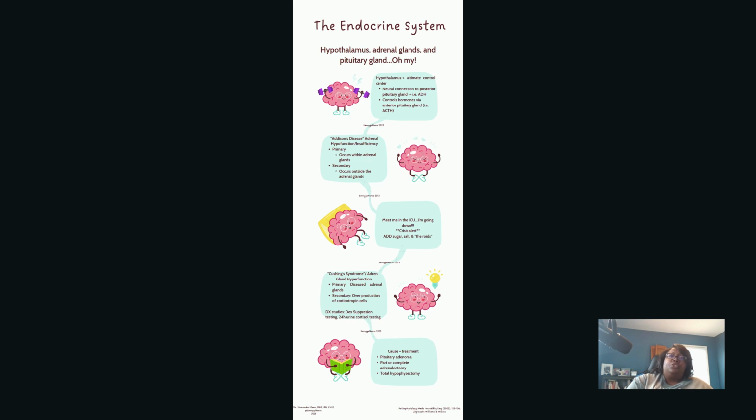Now let's talk about the adrenal glands. What do they do? This is a big one that's going to carry you through the rest of this semester. They produce steroids and amines. They also produce epinephrine and norepinephrine. Do you remember what epinephrine is? Have you heard of that before? You probably have if you have done any practicing with CPR.